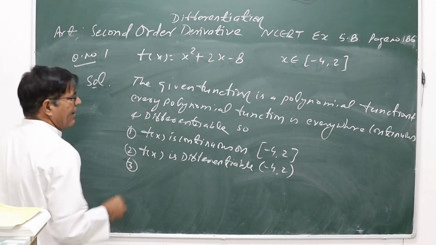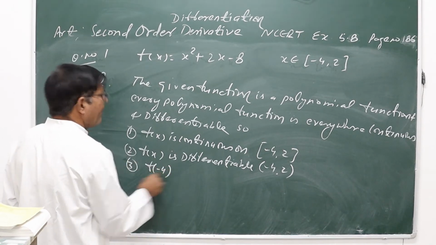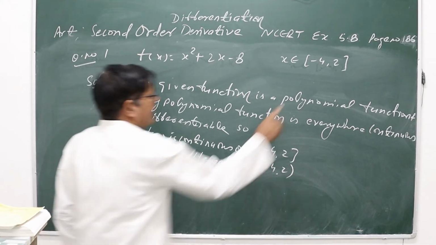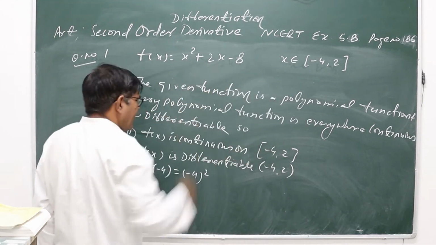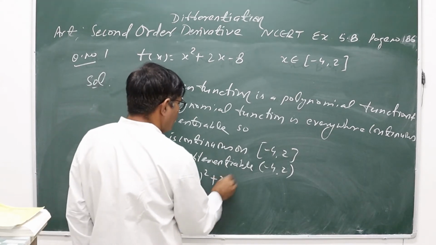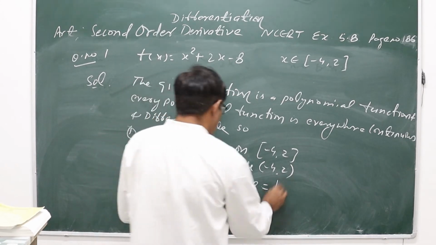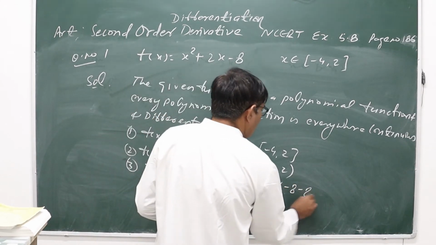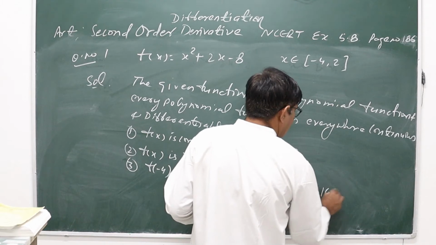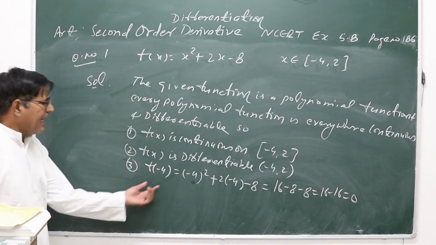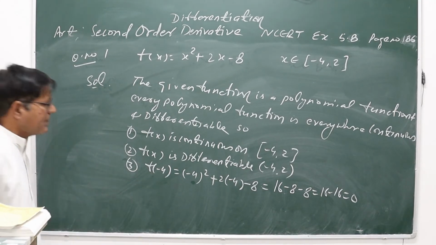And third, f(−4), the value of the function at the initial point −4, is (−4)² + 2(−4) − 8, that is 16 − 8 − 8, which is 16 − 16 = 0. So the value of the given function at the initial point −4 is 0.